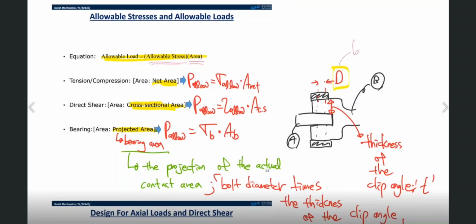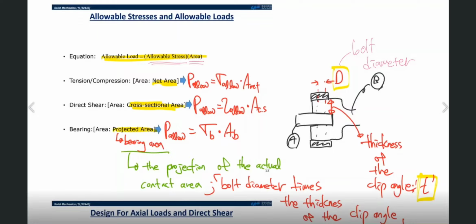This is the bolt diameter, and again the thickness of the clip T is defined here. So the bolt diameter times the thickness of the clip angle is, in this case, the bearing area, right? Then using this specific condition, we can identify each different allowable loading condition.